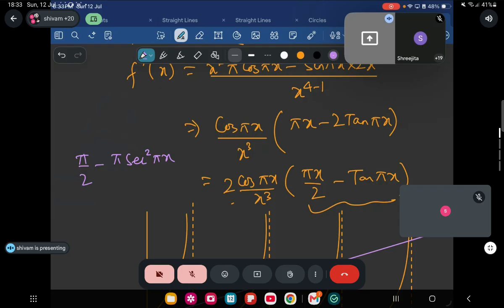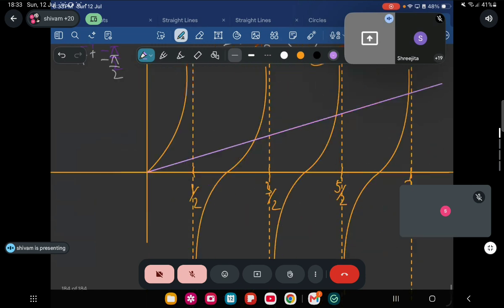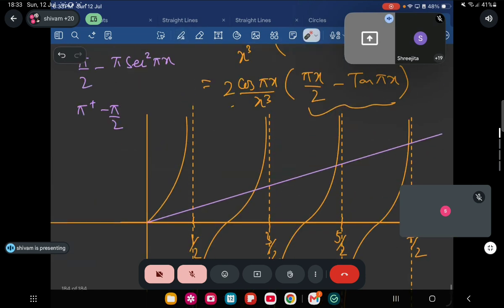At x equal to 0 plus, pay attention. At x equal to 0 plus, this will be pi plus, so it will be pi by 2 minus pi plus. Are you getting it? So can you understand that you might be wondering why the straight line does not intersect this branch also?